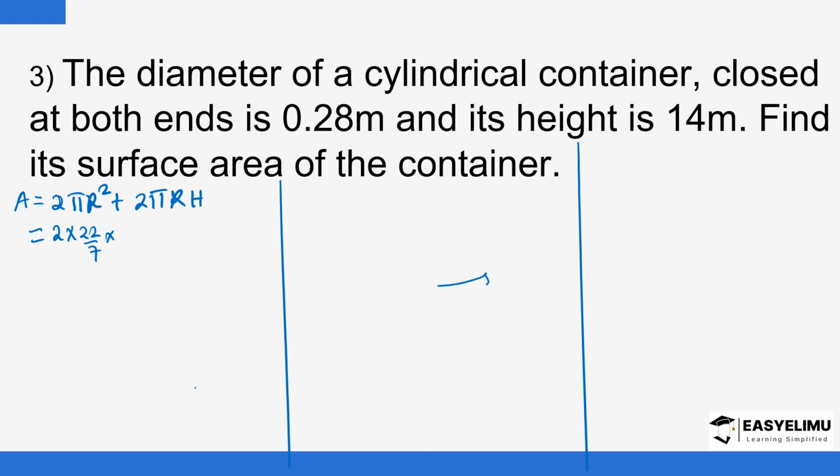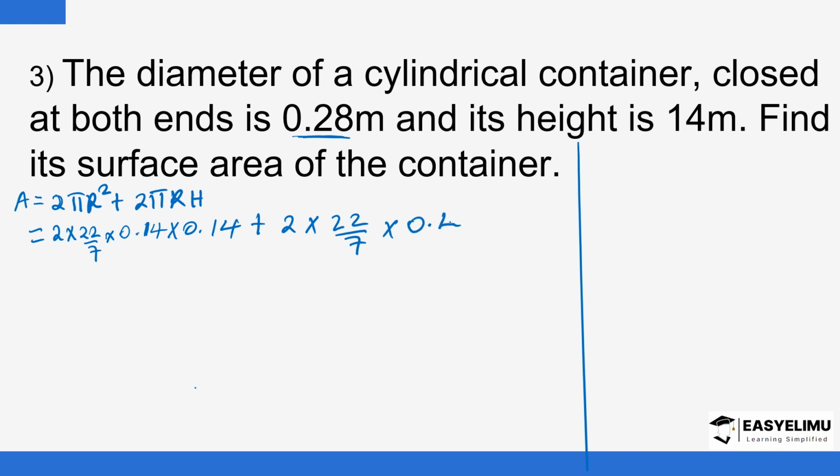So 22 over 7 by 0.14. The value given here is diameter, so you have to divide it by 2. So 0.14 times 0.14, and then plus 2 times 22 over 7 times 0.14 again by height.